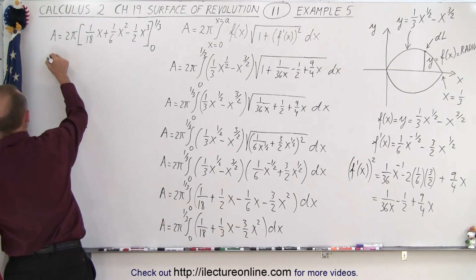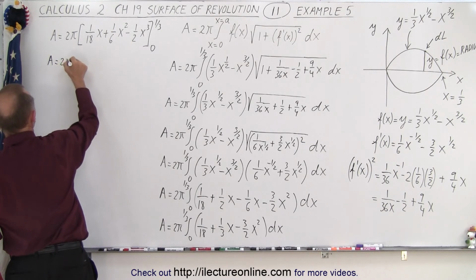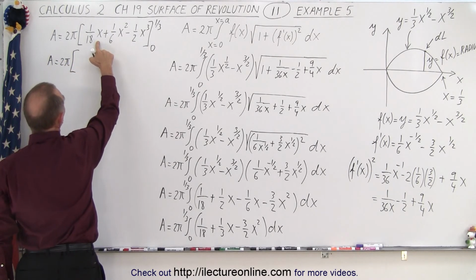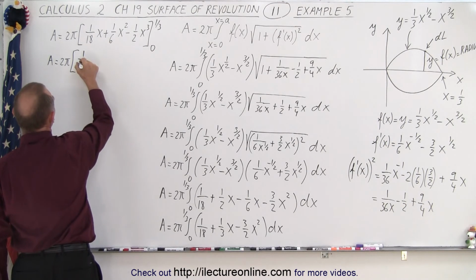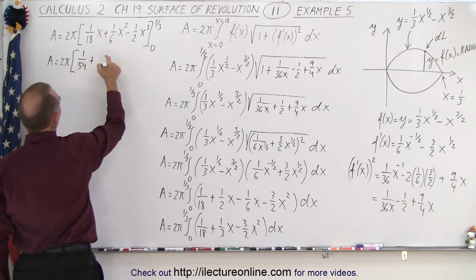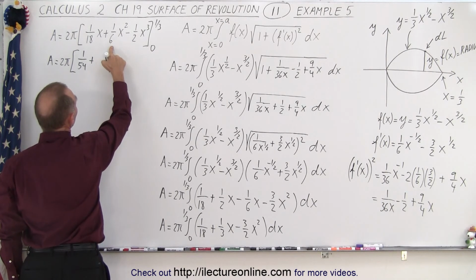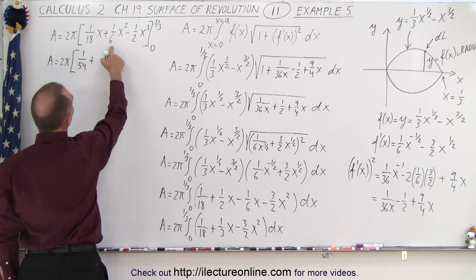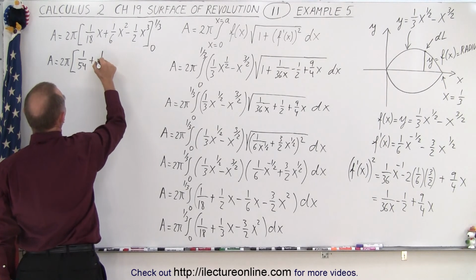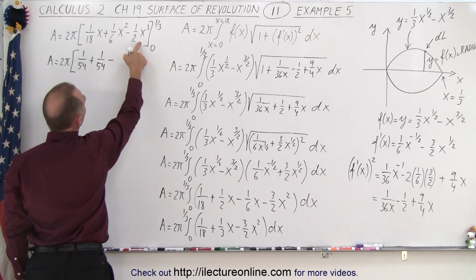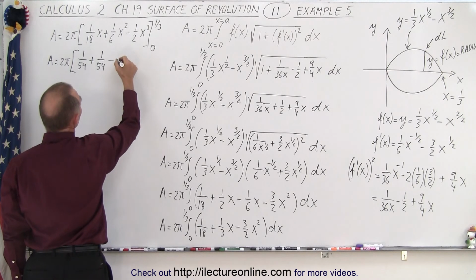We get area equals 2 pi times, plug in 1/3, we get 1 over 54, plus 1/3 squared, that's 1/9 times 6, that's 54 again, so we get 1 over 54, minus 1/3 cubed, that's 27, times 2, that's minus 1 over 54.